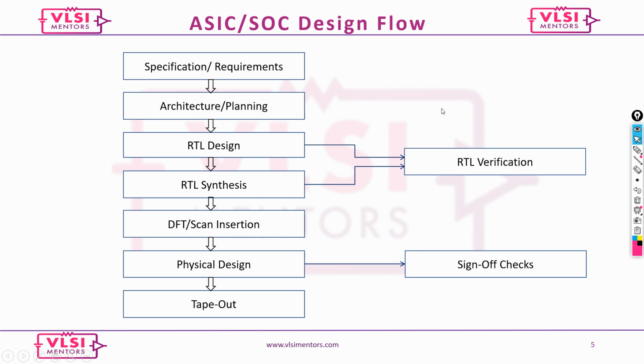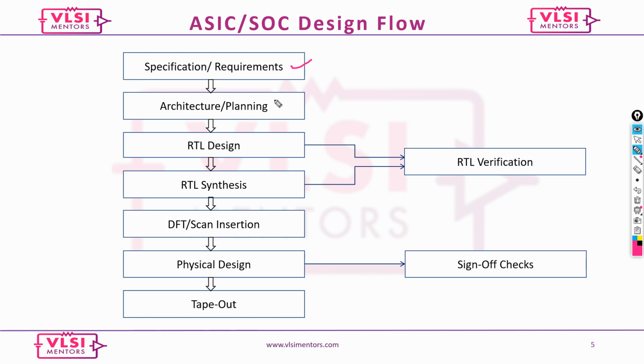So the ASIC flow. When you want to design an IC, the first step is to get the specifications. Once you get the specifications, you get into the architecture or planning phase: what IPs we need, how they are going to interact, the bus planning, and what kind of versions we would be looking at.